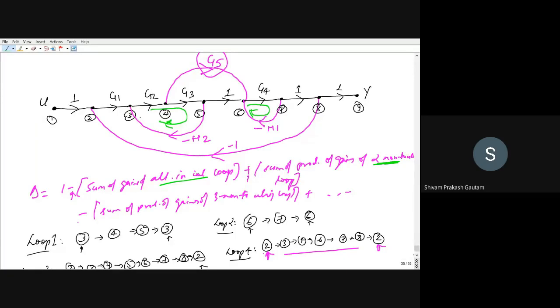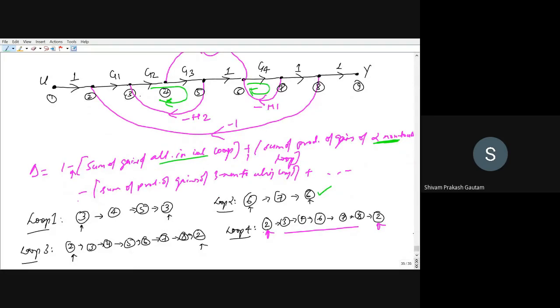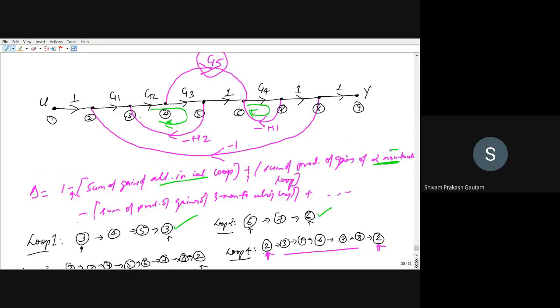One loop is loop 2, and one loop is this loop, that is loop 1. So loop 2 and loop 1 are 2 loops which are non-touching. Why am I calling it non-touching? Because they have no nodes in common. So you can see 6 7 6, 3 4 5 and 3.